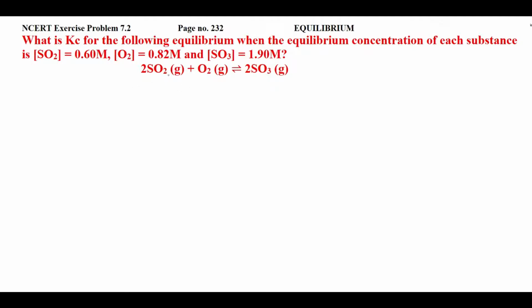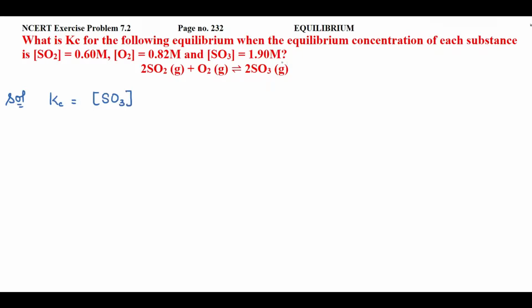Now the reaction is 2SO2, that means sulfur dioxide, plus oxygen give rise to sulfur trioxide, right? So first of all we'll write the relation Kc equal to definitely concentration of product. So I am having SO3, that means sulfur trioxide, at the product side.